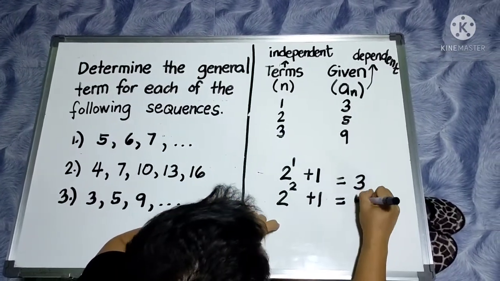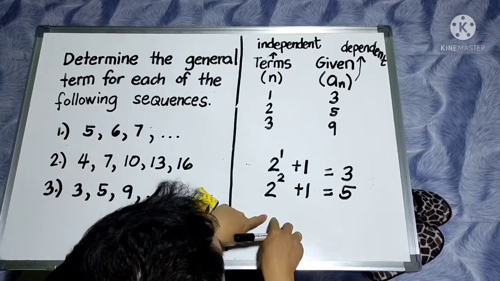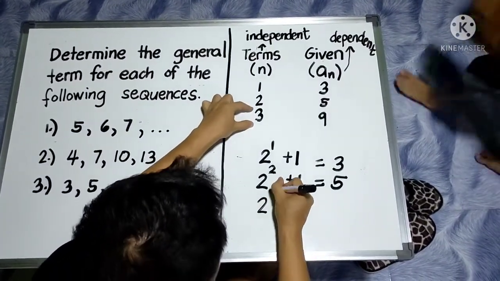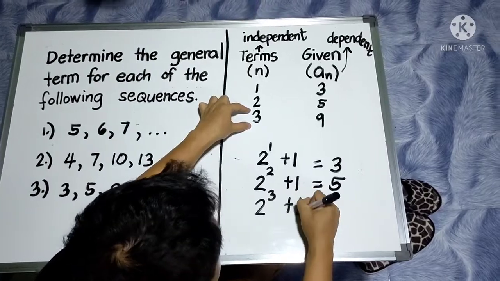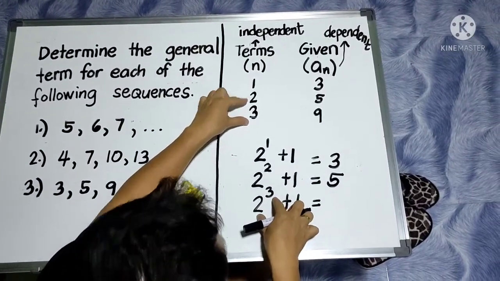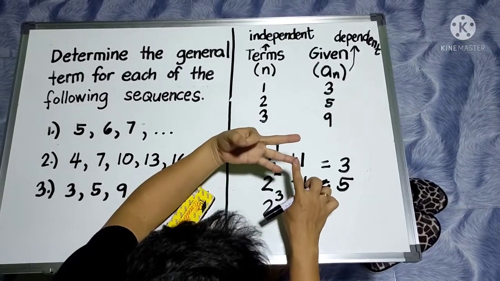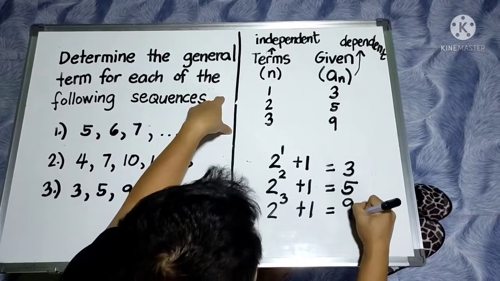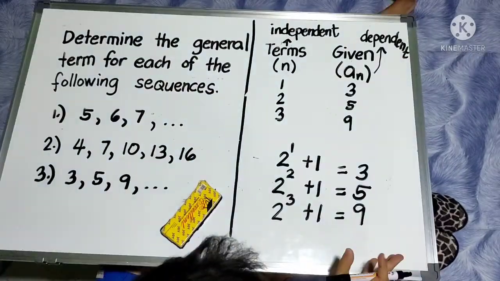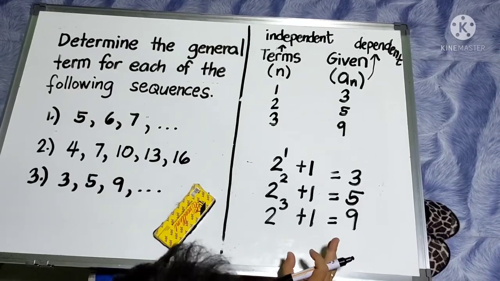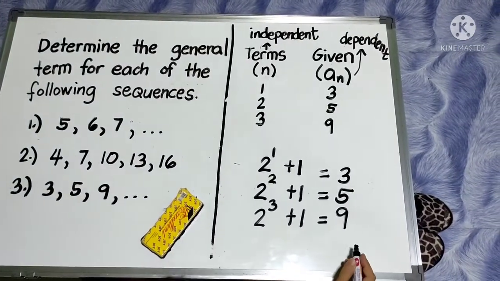Plus 1, 5. Then next, 2 to the exponent of 3 plus 1. 2 to the exponent of 3 is 2 times 2, 4 times 2, 8. Plus 1, 9. There you have it, guys. We have already found what we are looking for.